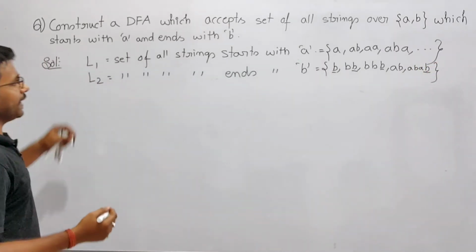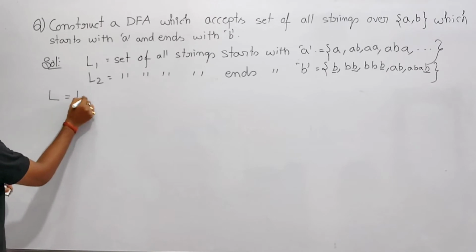Now our L is the concatenation L1 dot L2.